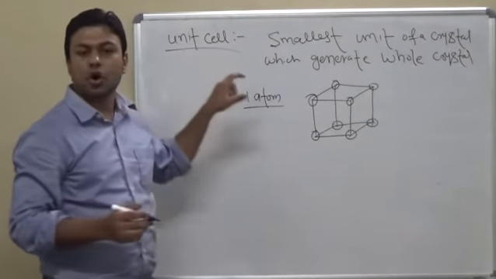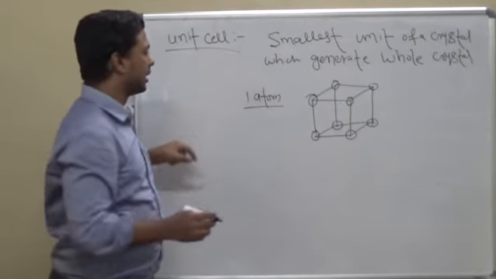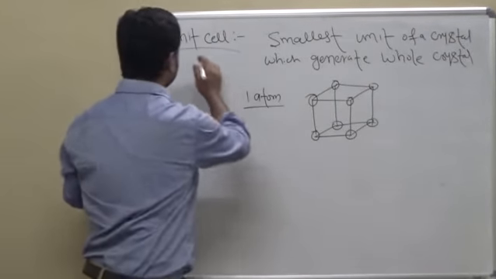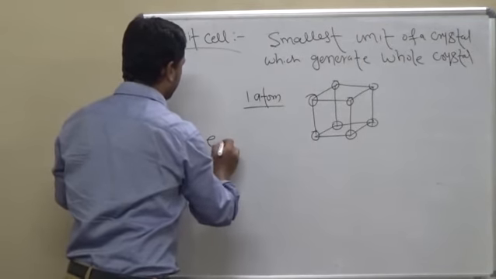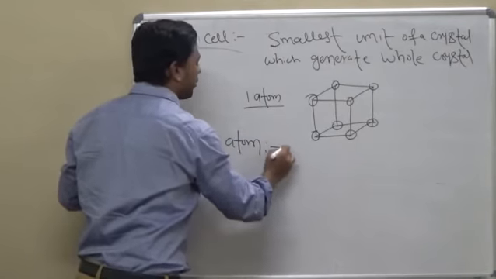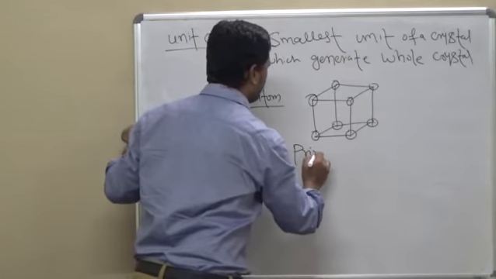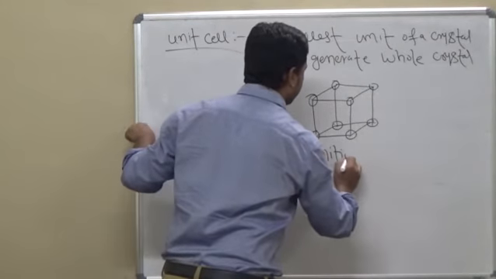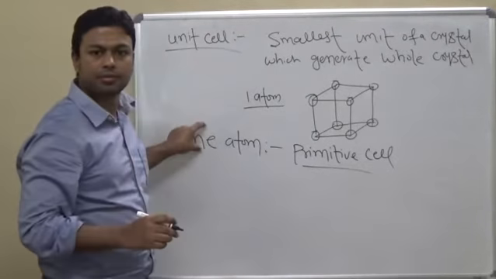This unit cell is not restricted to only one atom. If we get effectively one atom, we will call it a primitive cell.